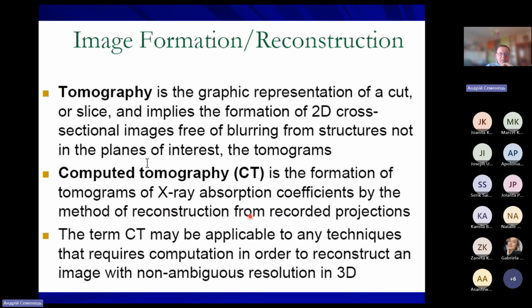So in fact, simply put, under tomography we have to understand reconstruction of an image in a projection which is perpendicular to the plane of observation, based on visible projections.